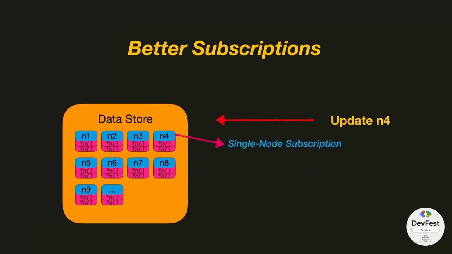And the way that we solved this is by building our own data store model, in which every part of the store can have a function attached to it, so that way we know precisely who wants to know when something specifically changes, and we can do that in O(1) instead of O(n) with growing the size of the state.